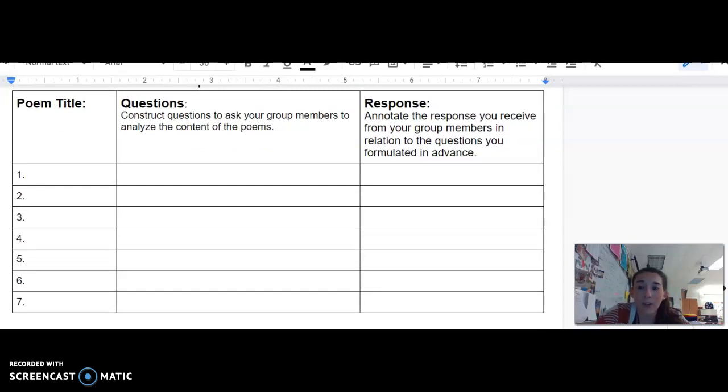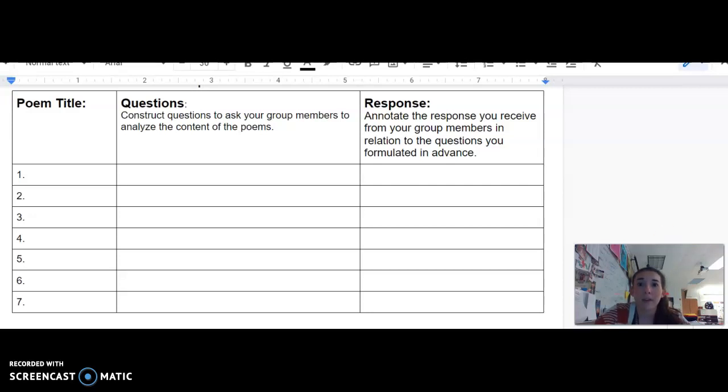You need 7 questions. You can focus on specifically 2 poems if you prefer, or 1 poem, but I do expect you to have 7 questions about those poems. And then you are going to annotate your group's response about the poems and how they relate to your opinions about the pathway and your opinions about the novel To Kill a Mockingbird.